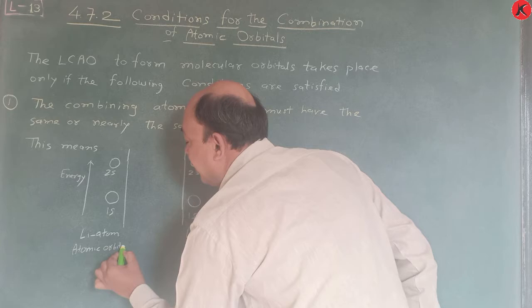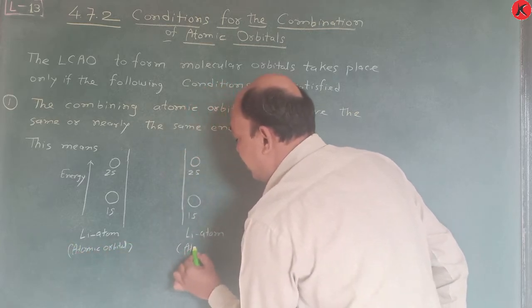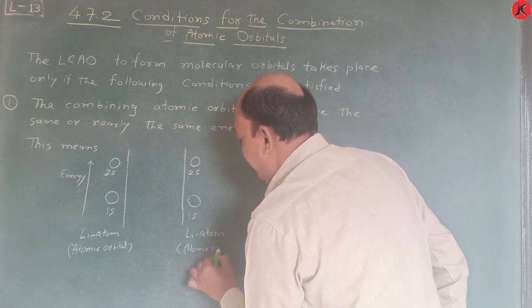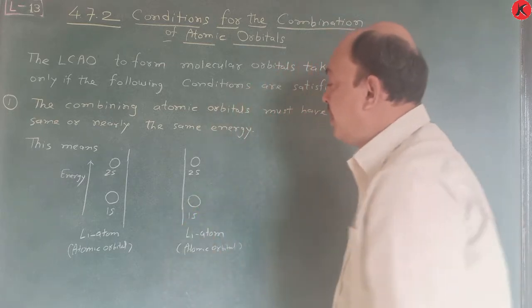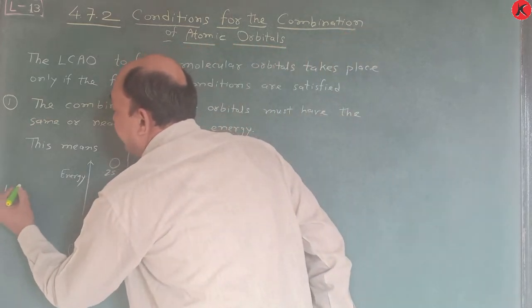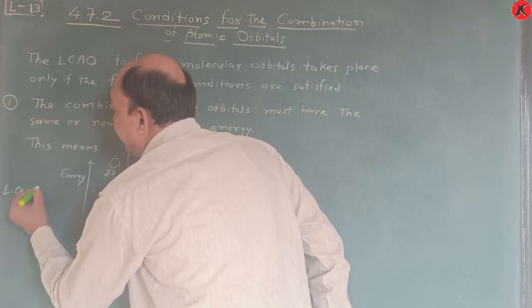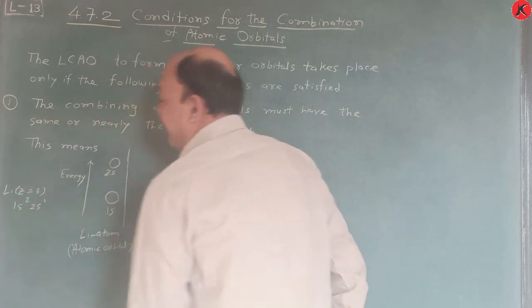According to electronic configuration, lithium in the ground state, Z equals 3, is 1s2 2s1.